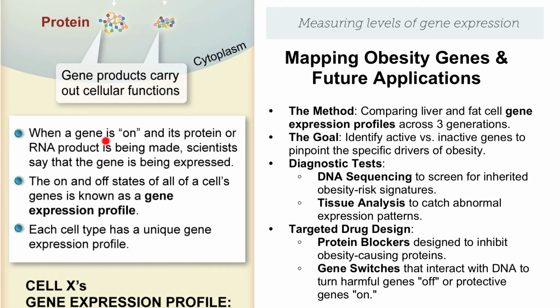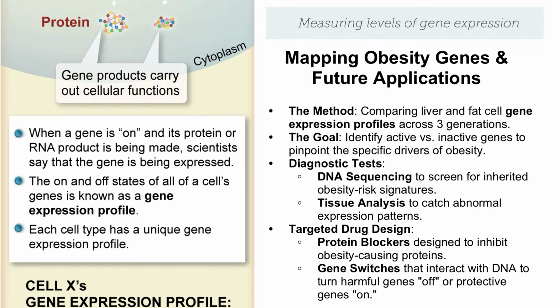And when a gene is on and its protein or RNA product is being made, scientists say that the gene is being expressed. The on and off states of all the cell's genes is known as the gene expression profile. We have about 10 trillion cells, and in all cells we have the same chromosomes, 23 pairs of chromosomes. And what makes all tissues different?